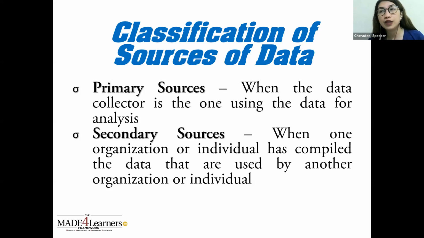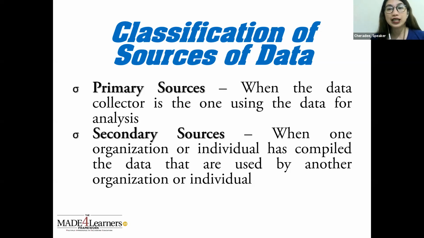Now, question: if you have an office in your department that is in charge of collecting data, and they are the ones who analyze the data they have collected, it becomes a primary source. But if you're only analyzing data that has already been collected by other people, it becomes a secondary source.